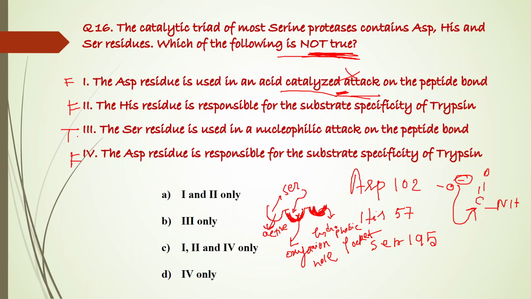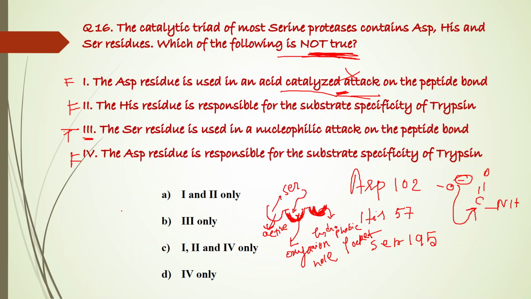So the only true option was statement number 3. Now in the question we had to select the false ones. So our 1, 2 and 4 are false options. So yes, Manisha, you are correct. The option that we should choose is option number C, that 1, 2 and 4 are not true. They are the false options.